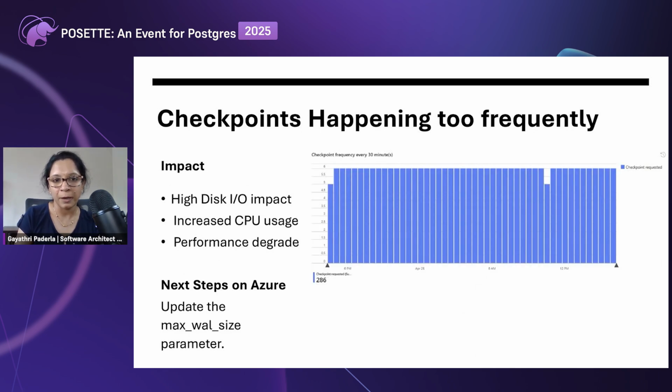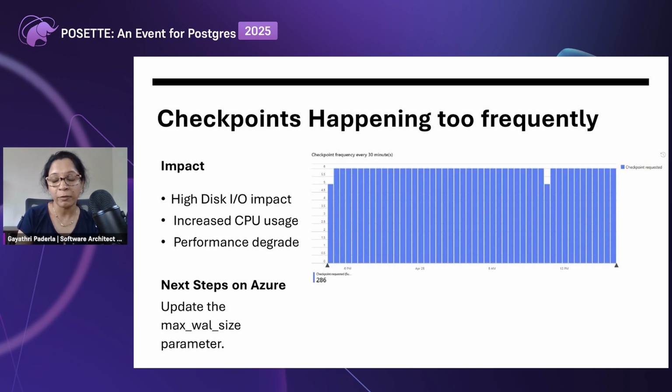Going ahead, let's move on to a recommendation which points out if checkpoints are happening frequently on your server. Checkpoints are set up based on two parameters, which are checkpoint completion target and checkpoint timeout. If your server is set up with a checkpoint timeout of 5 minutes and your checkpoints are happening every 5 minutes, then that's the way to go.